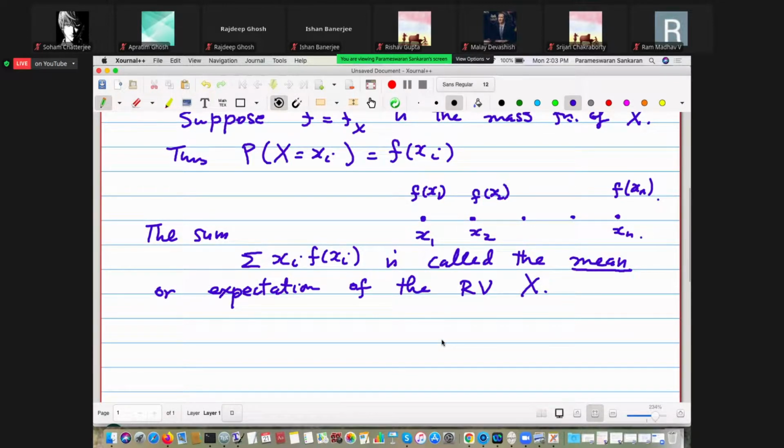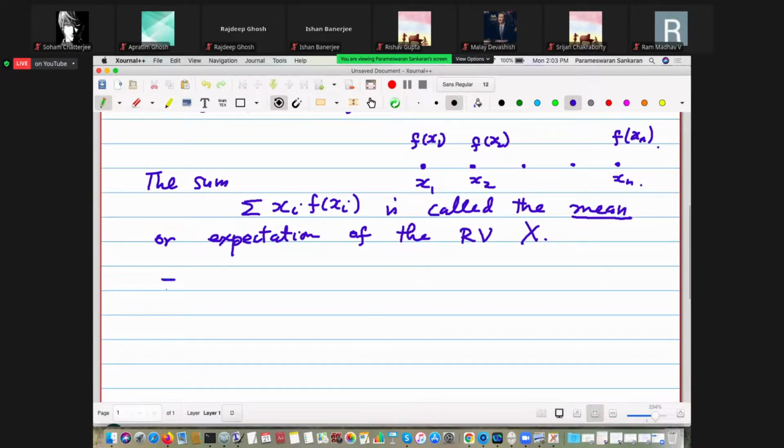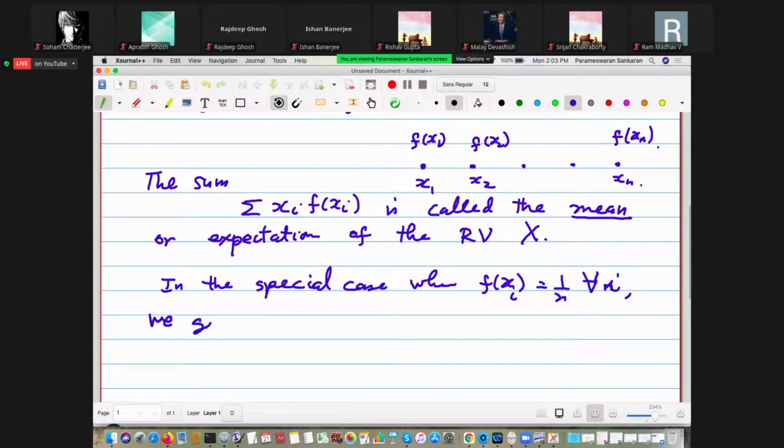In the special case when f of xi equals 1 by n for all i, we get the expectation of X. The notation is denoted E of X. We are going to define E of X in a more general context, but at the moment, just understand this.